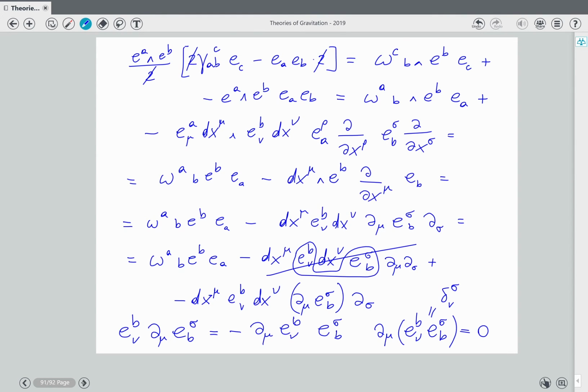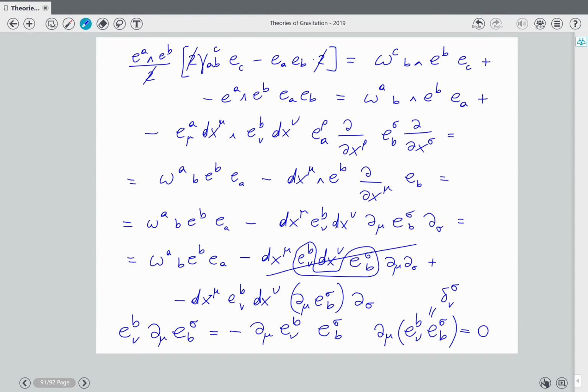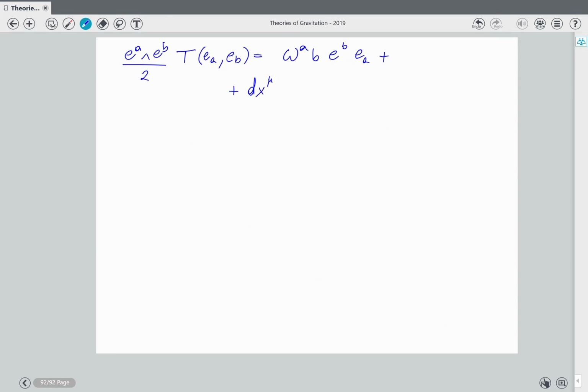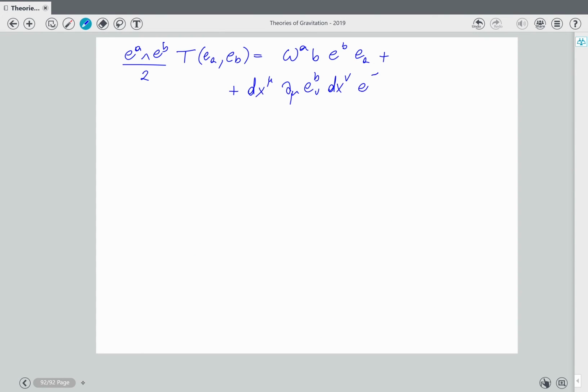Then there is a second one here where we change the sign and move the partial derivative on EB nu. And the rest is the same. Partial sigma.